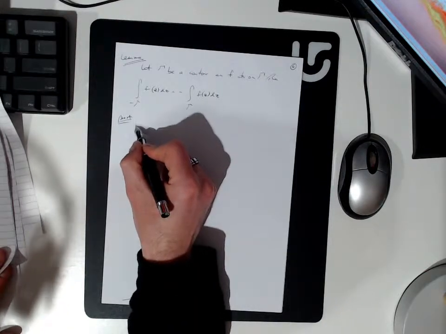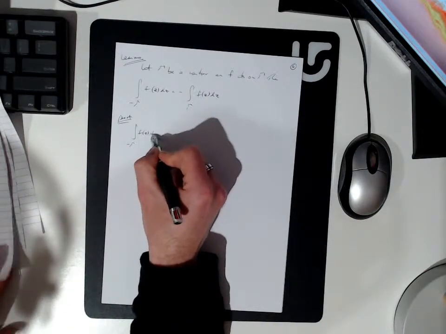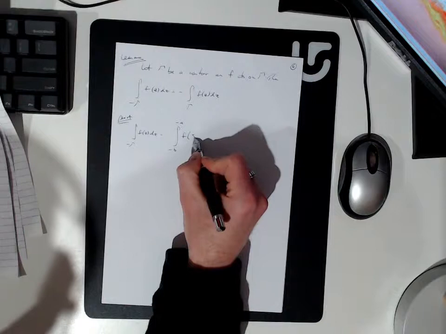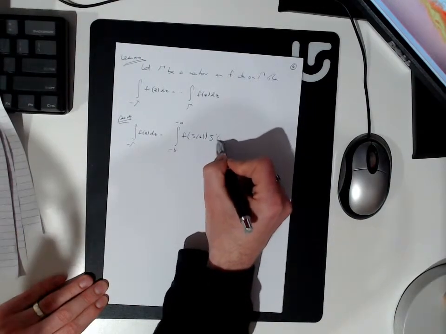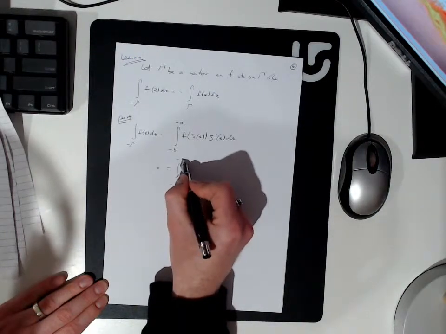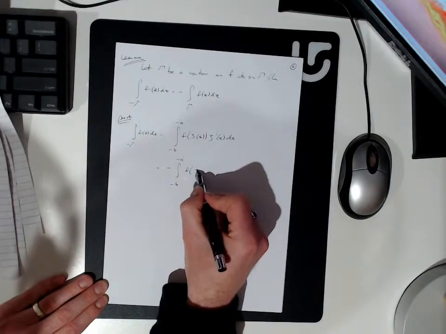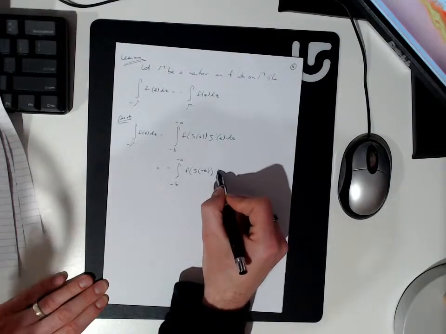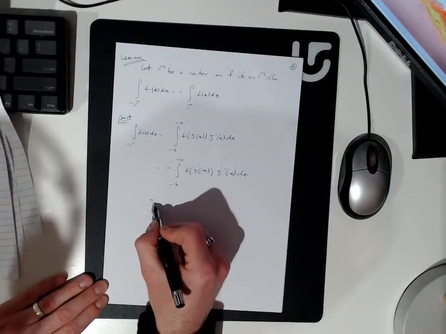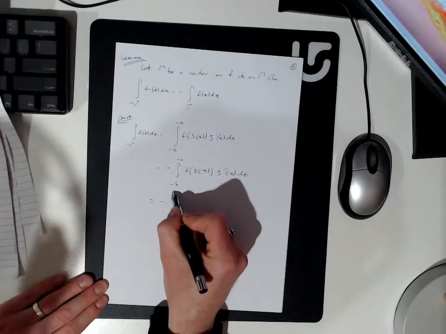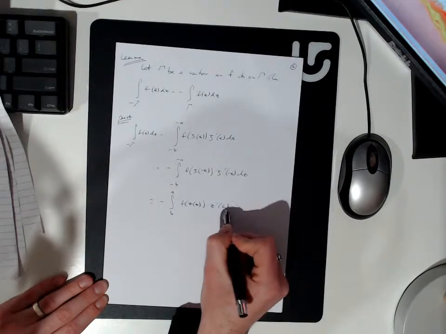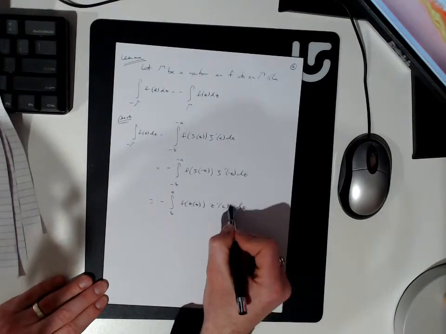So the integral over minus gamma of f of z dz is equal to the integral from minus b to minus a of f of zeta of t, zeta dash of t dt, and this is going to be equal to the integral from minus b to minus a of f of z of minus t, times z dash of minus t with a minus sign, dt, and this is equal to minus the integral from b to a of f of z of t, z dash of t dt.